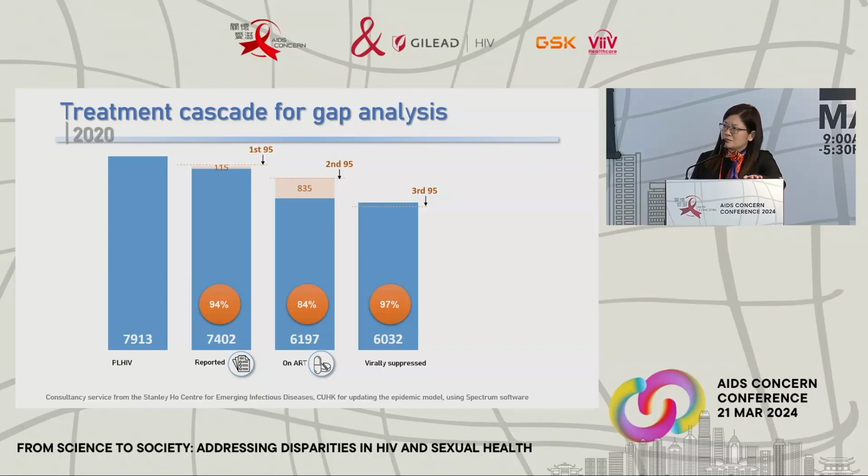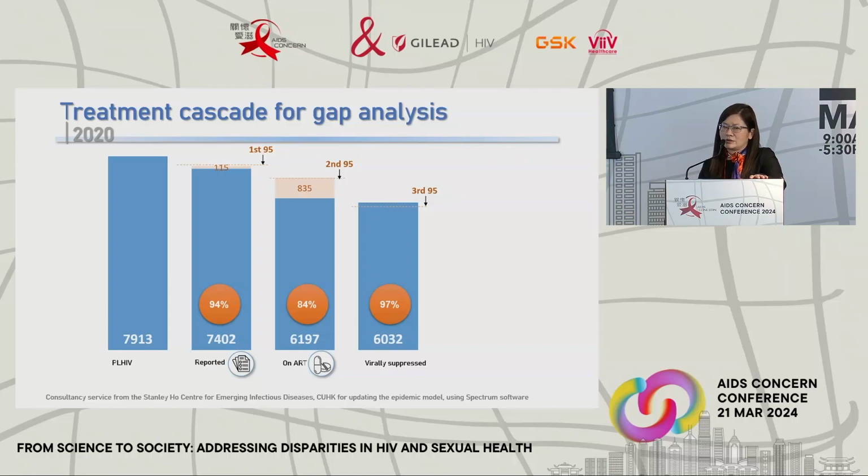As mentioned before by various speakers, for the 95 treatment targets, thanks to the contribution of the Stanley Ho Centre for Emerging Infectious Diseases of the Chinese University of Hong Kong, which constructed the epidemic model using the Spectrum software, we can see that in the year 2020, we have a good achievement in the first 95 and also the third 95, but a little bit not so good in the second 95.